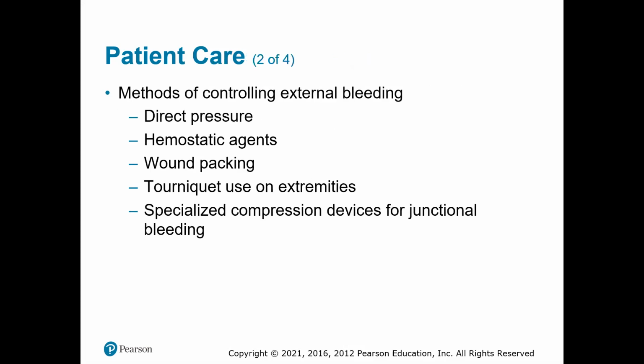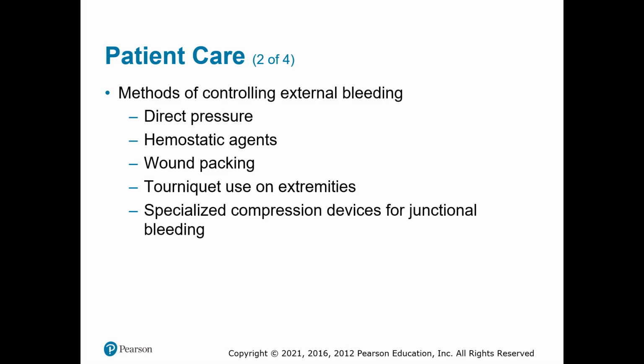We talk about methods of controlling external bleeds. Direct pressure, of course, first and foremost, to get the clotting process initiated. We do have hemostatic agents or QuikClot that we can use on the core to try to initiate that clotting process. Packing wounds, piling and packing and putting pressure on them.